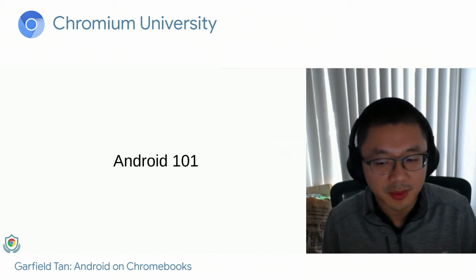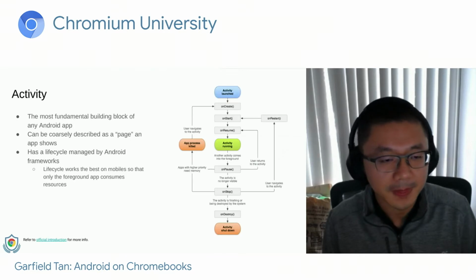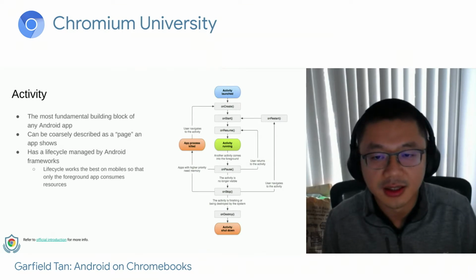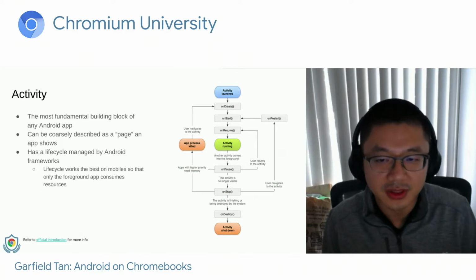So the next topic will be about window management, but before we dive into it, we need some basic knowledge of Android window management as a preparation for the introduction to the work we did to bring Android apps to Chromebooks. The first one is activity. It's the first concept one learns when they learn Android development.